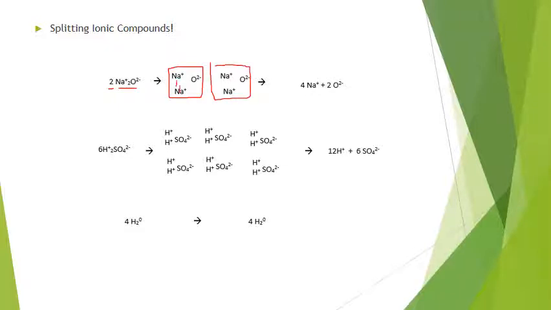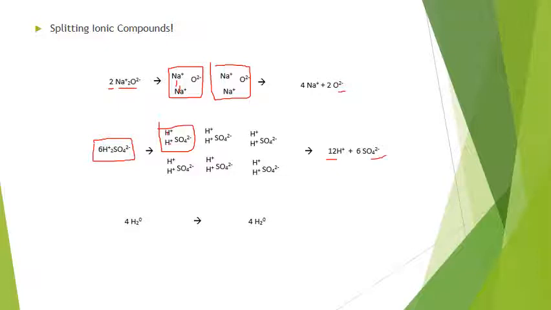Okay, when you add up the total number of sodiums, you have 1, 2, 3, 4, and 2 oxygens. Let's say I had 6 sulfuric acids. Each sulfuric acid is going to look like this. And so you have 1, 2, and you do that 6 times, you have 12, and then you have sulfates, 1, 2, 6.